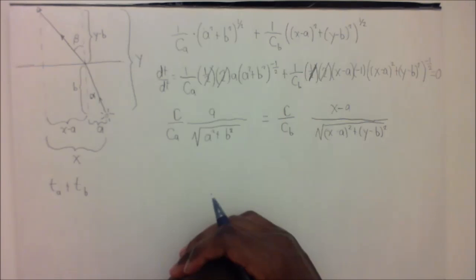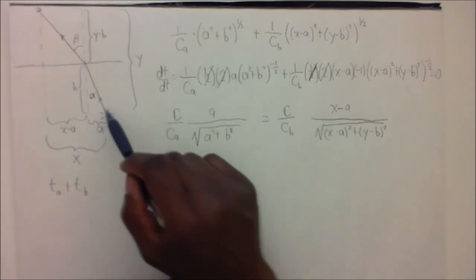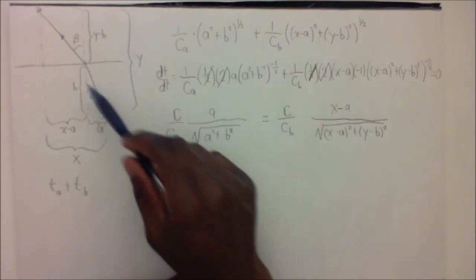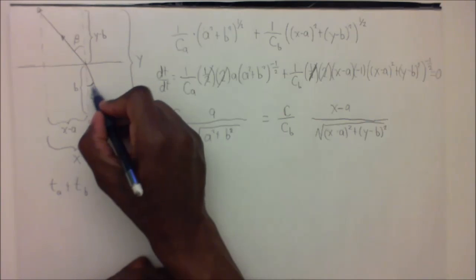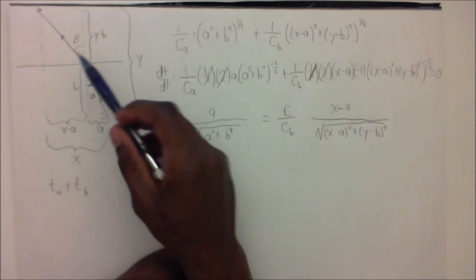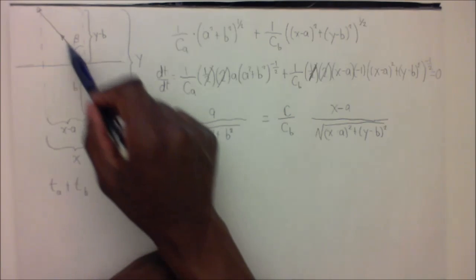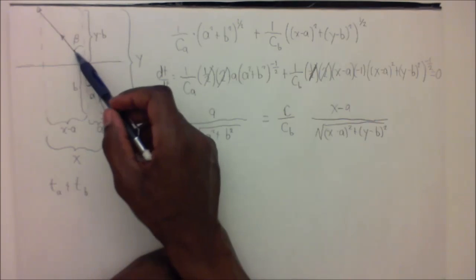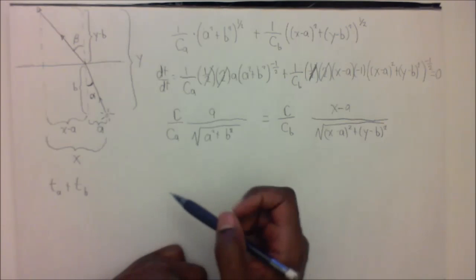Now if we look at a divided by the distance, the square root of a squared plus b squared, that is basically the sine of alpha. Similarly, if we take x minus a, which is this distance here, and divide by that total distance, that's the sine of beta.